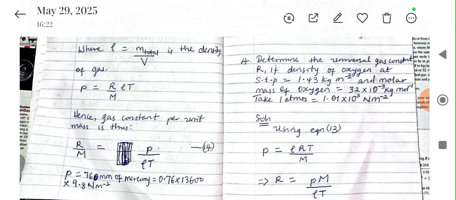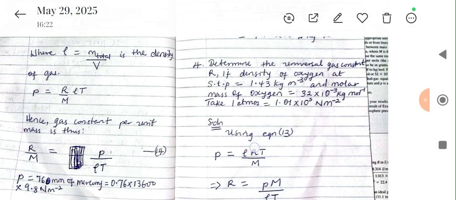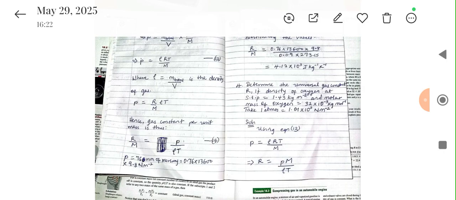So when you slot in the density and the acceleration due to gravity, this is what you have for pressure.